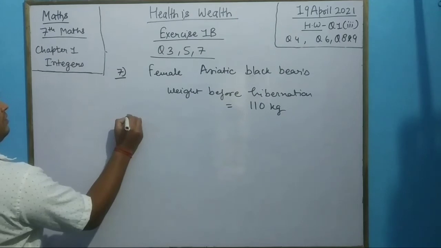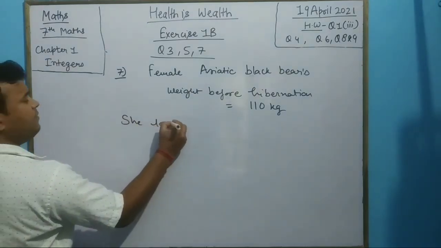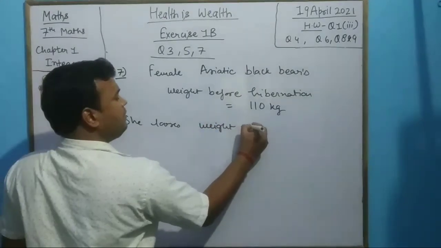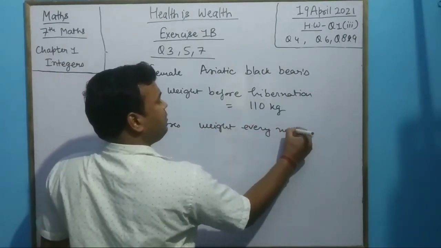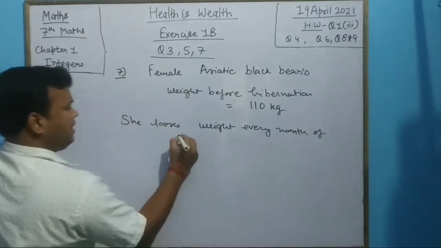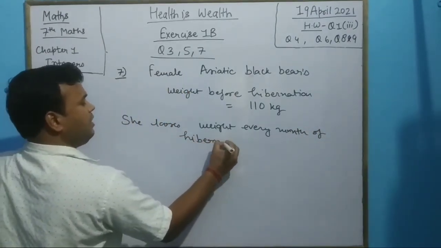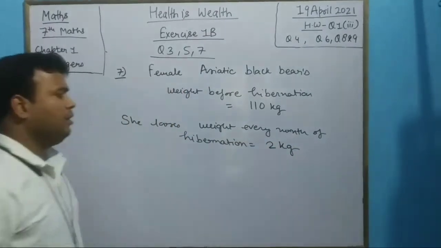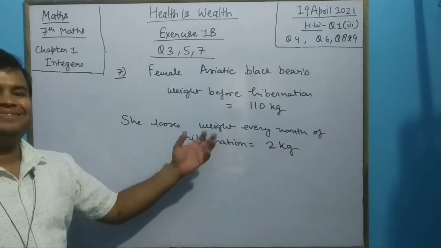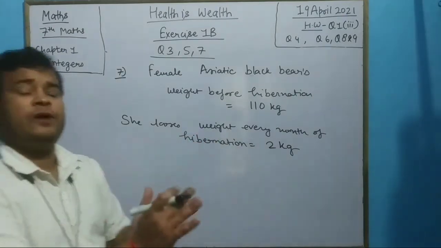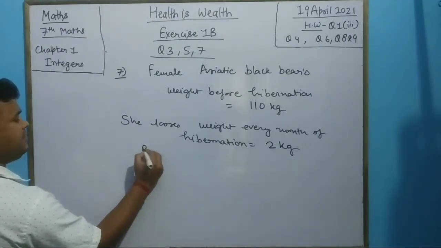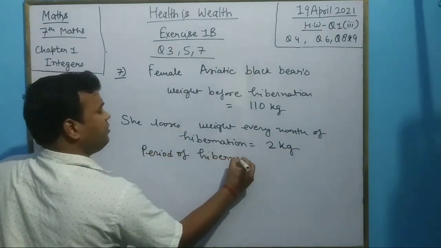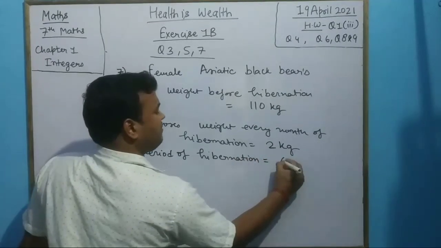She loses weight every month of hibernation. How much weight does she lose? 2 kg. The period of hibernation is 6 months.